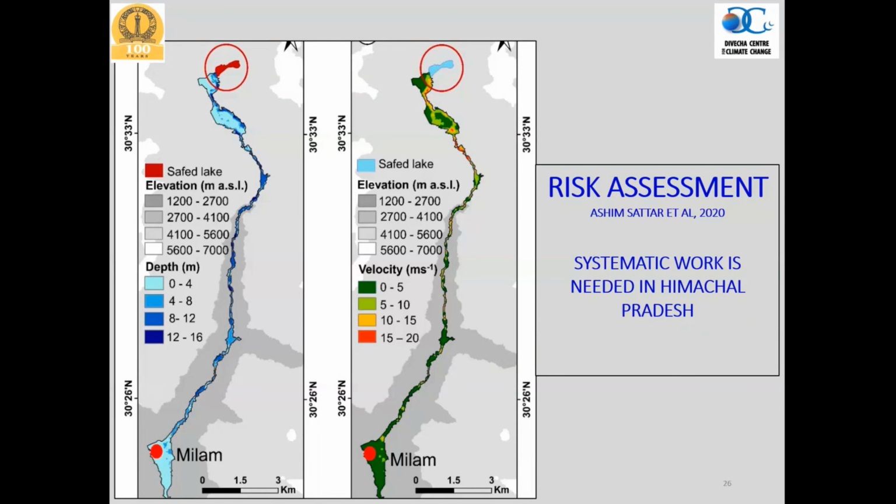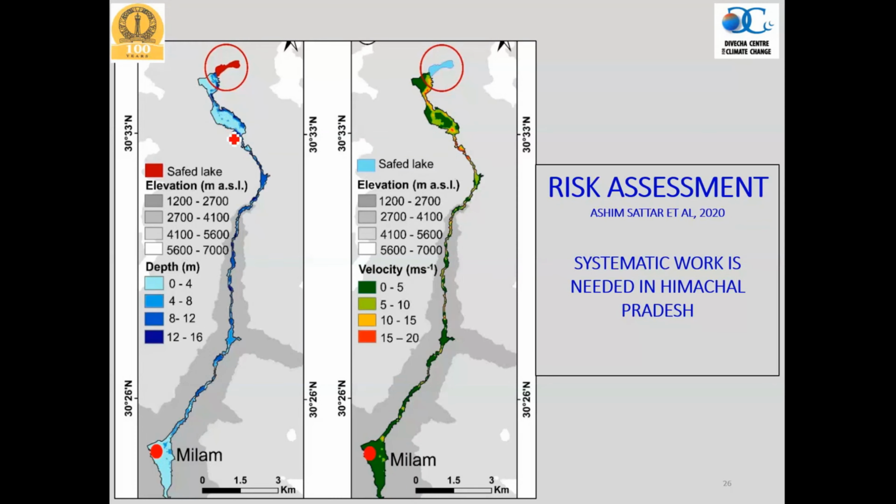So this is one work you can see where the risk assessment was carried out by doing systematic work, and this work is on Safed Lake, which is in Uttarakhand, and you can see what the depth of the flash flood will be if this Safed Lake bursts.